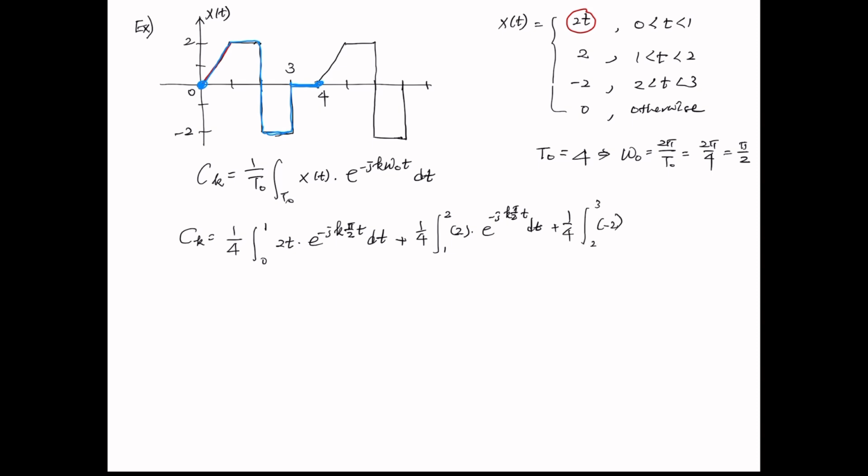This time we have a negative 2 as x of t, and e to the negative jk pi over 2 t dt.